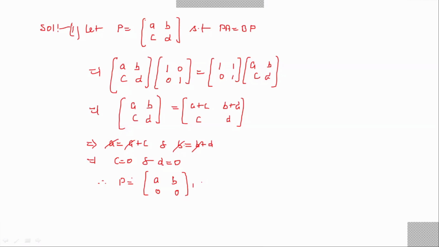Sorry, because it is a singular matrix. Its determinant will now be 0, since one row of it is 0. So which is a singular matrix.